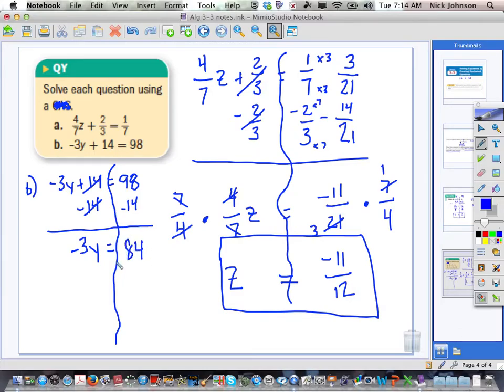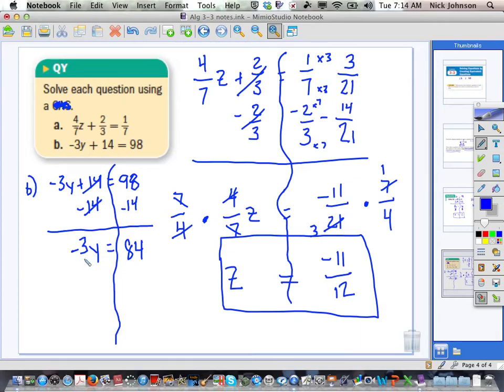Okay, perfect. Now, if you notice here on the left side, I have a negative 3 times y. So, do you need to divide by a negative 3? Yes. Take the negative sign with you. Why we do that is because we want a positive value for y. We don't want a negative y, we want a positive y.